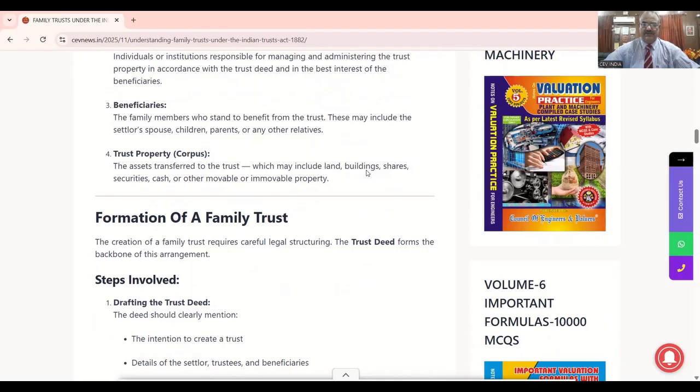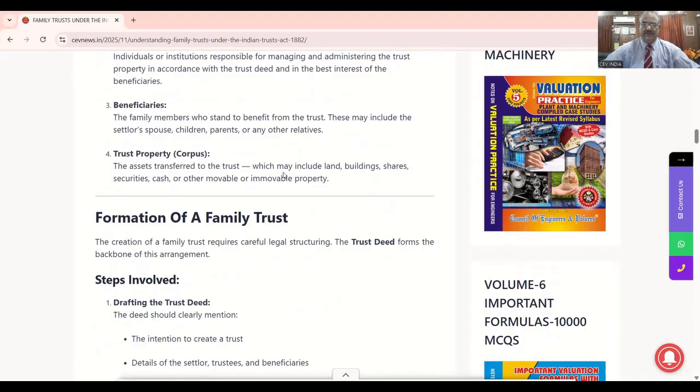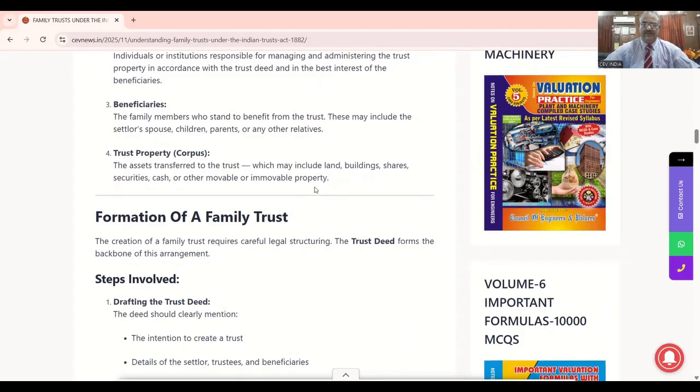It may be godowns or factories or any other thing which belong to the family, which may include land, buildings, shares, securities, cash, or other movable or immovable property. Is it clear? What are the assets which may transfer to the trust?